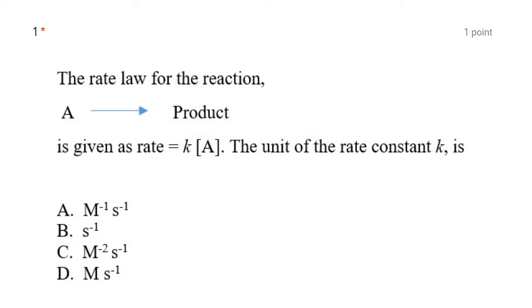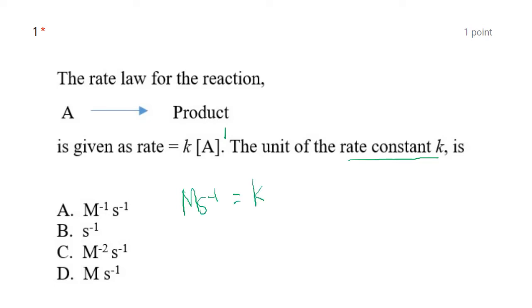The rate law for the reaction A produces product is given as rate equal to K concentration A. So here, we can consider that rate equals K times the concentration of A to the power of 1. The unit of the rate constant is, so the unit for rate is molar per second. The rate constant we have no idea yet.